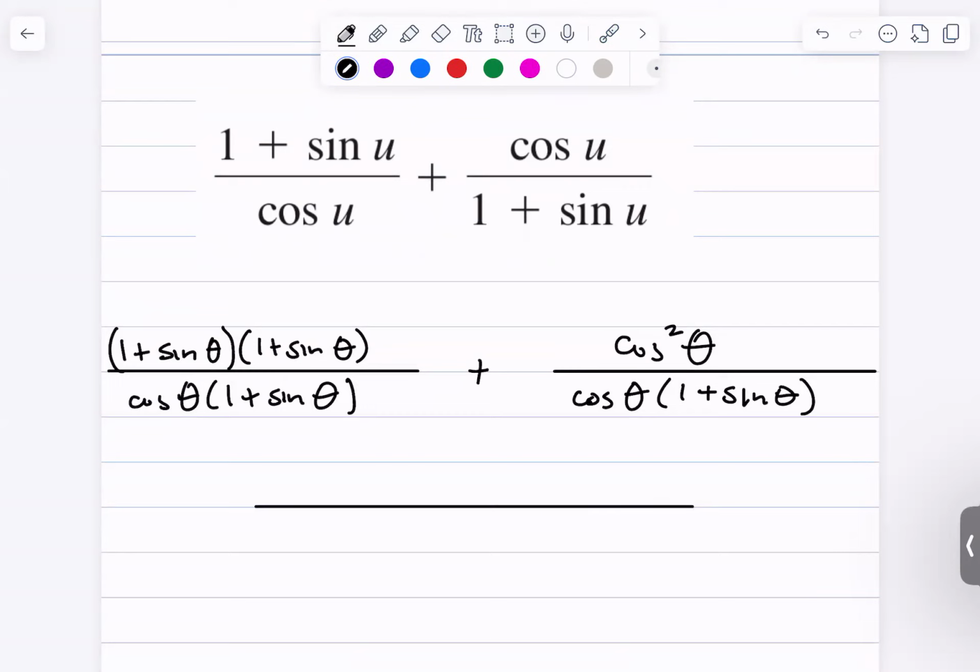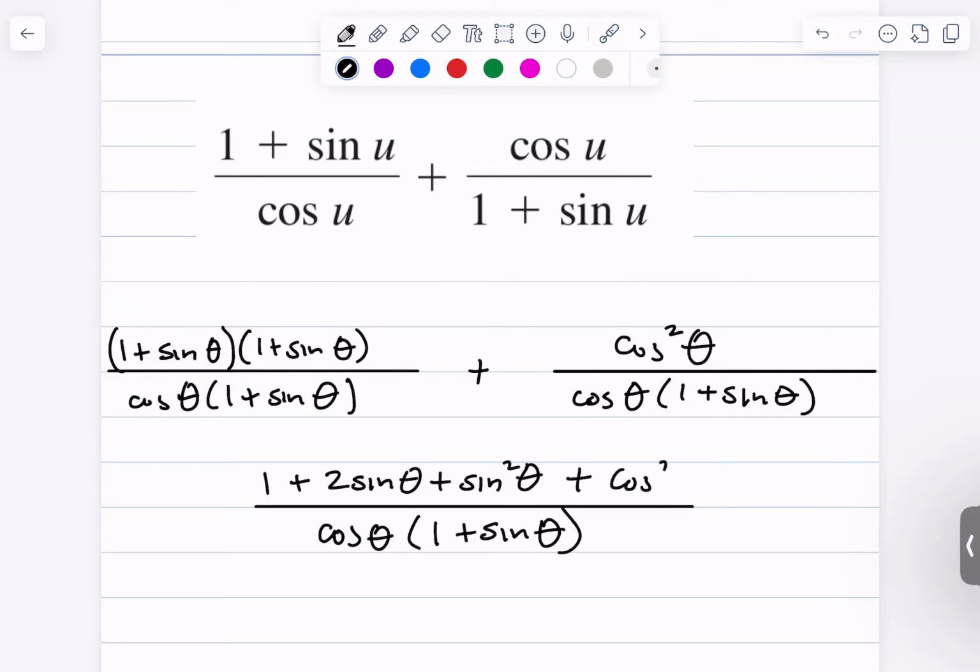Putting it all under one fraction, I have cosine, 1 plus sine. You can FOIL this first one out. Okay, you can FOIL this one out here. Or you can just know the special form. Special form is 1 plus 2 sine theta plus sine squared theta plus cosine squared theta.